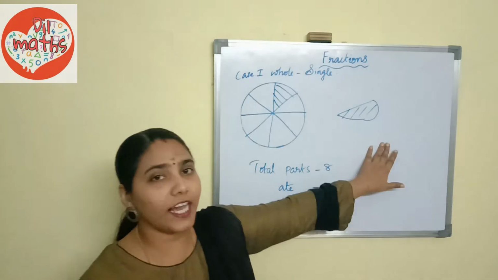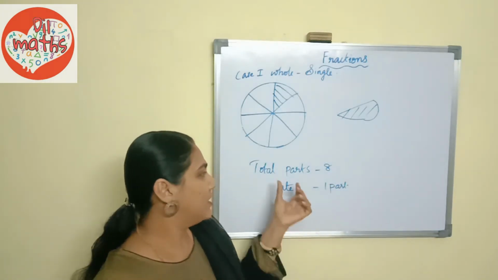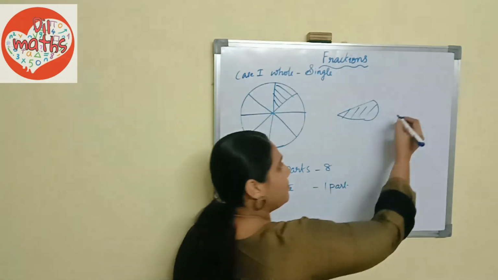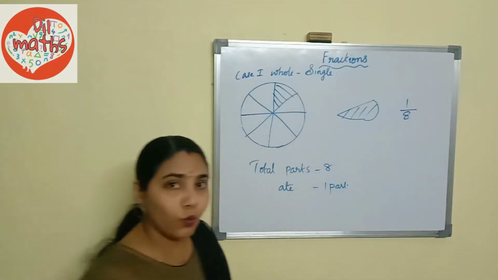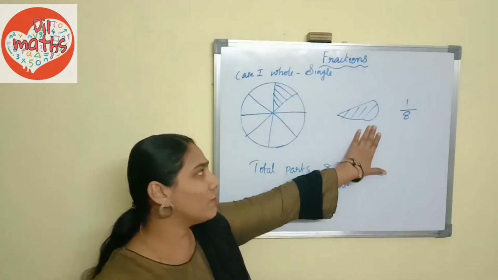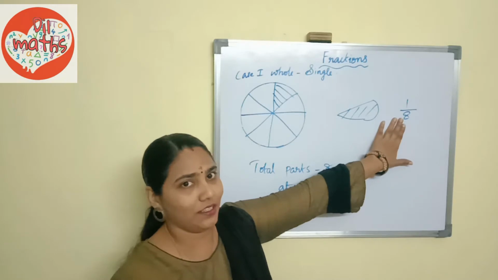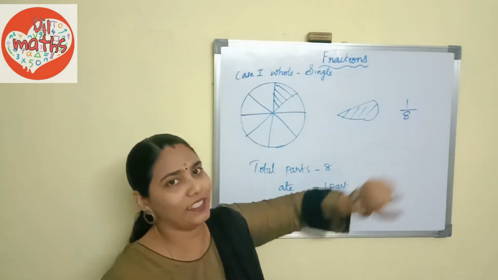So this one part I want to represent by a fraction. So total parts are 8. Out of 8, I ate one part. So the representation of this is 1 by 8.